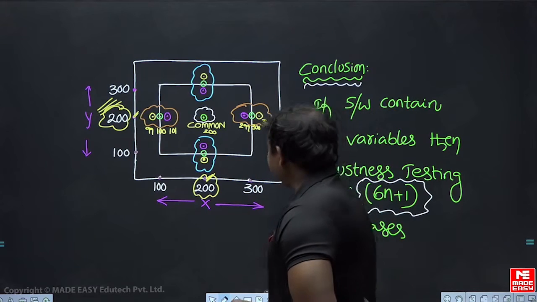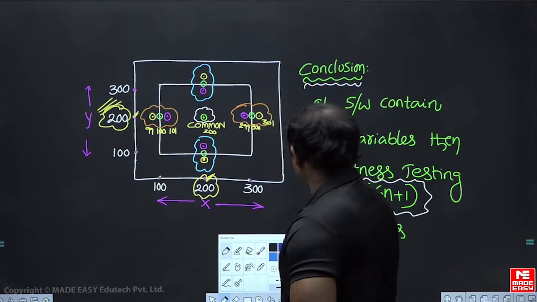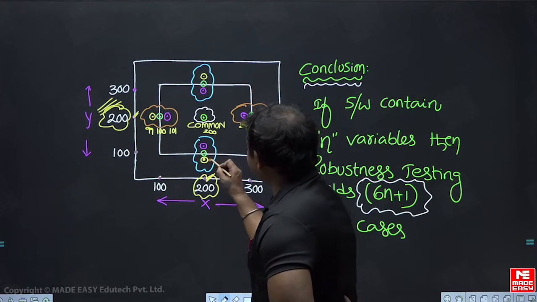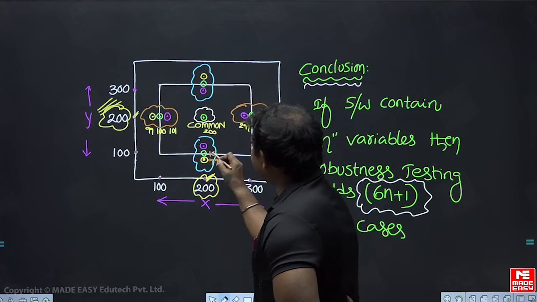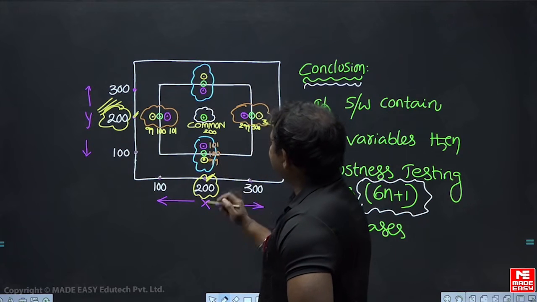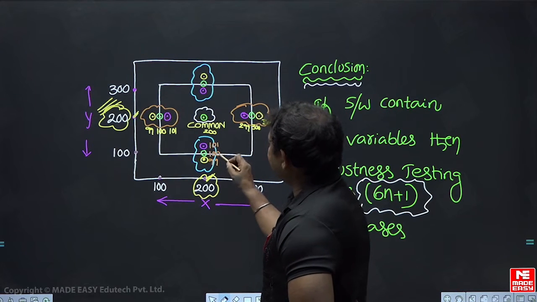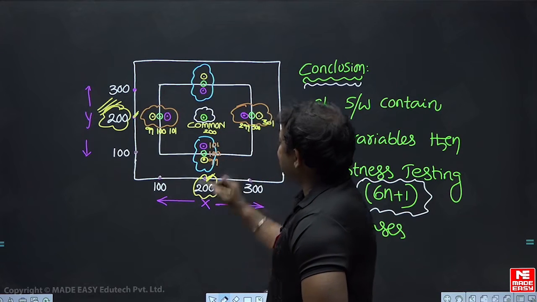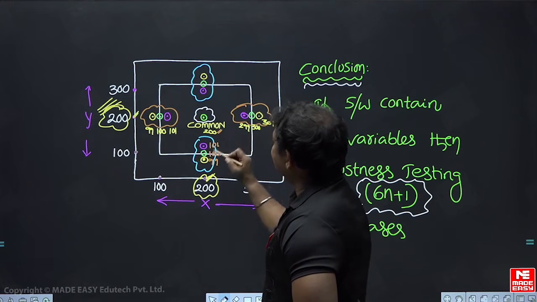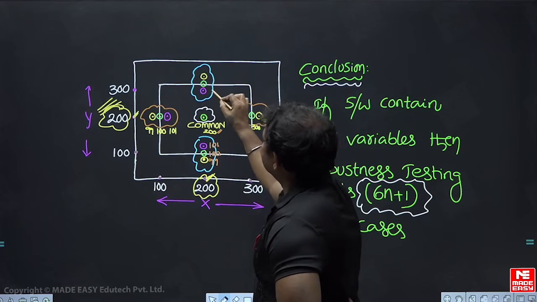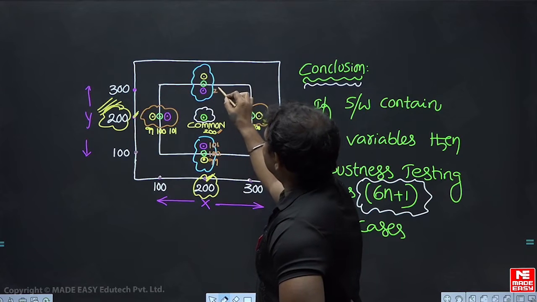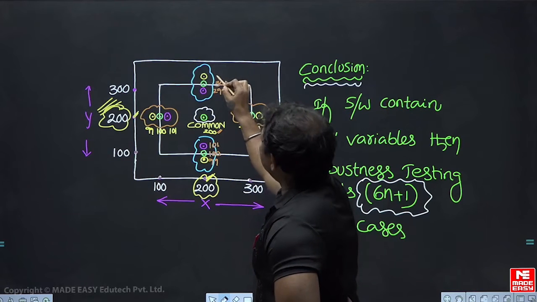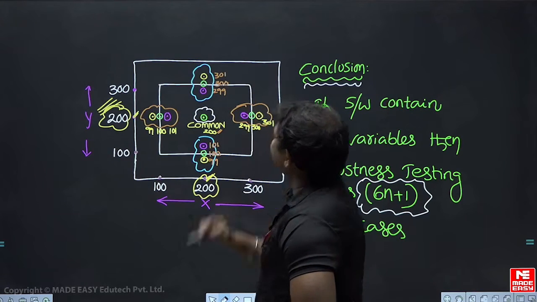Okay, now see this. So here what is tested? This is 99, this is 100, this is 101: just below the lower limit, the lower limit, and just above the lower limit. Next the center, which is common. Now just below the upper limit, 299, the upper limit, 300, and just above the upper limit, 301.